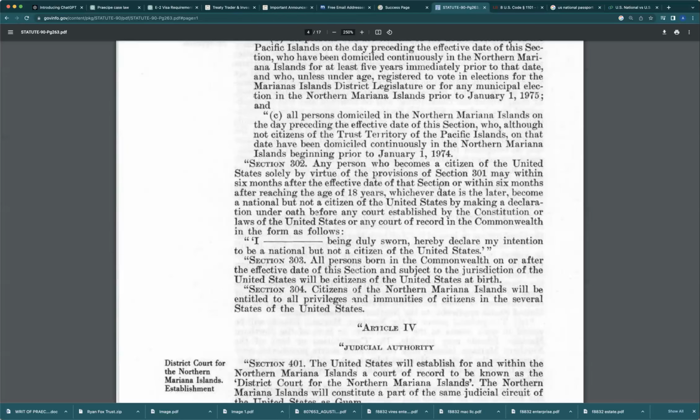Now you can do this process, what they're saying to do in section 302. Or within 6 months after reaching the age of 18 years, whichever date is later. So now they're talking about the person that was born here and they have a US birth certificate. And mind you, nowhere on your birth certificate does it say the United States.